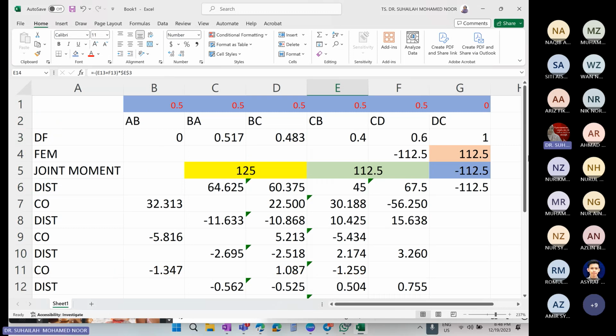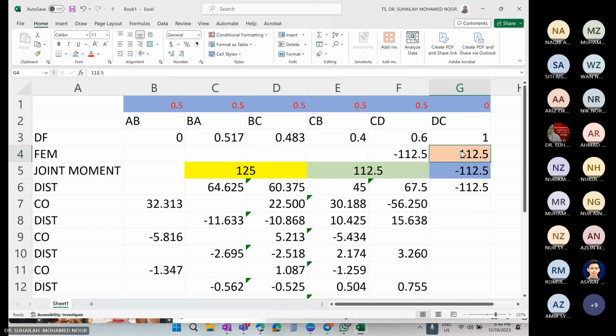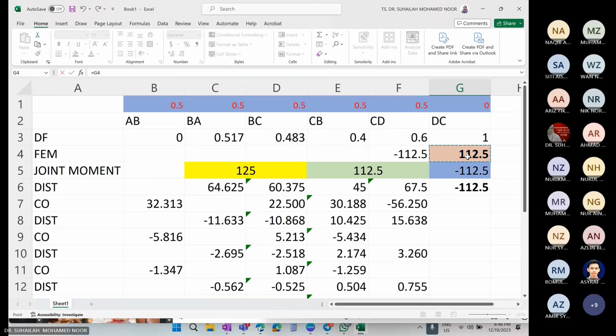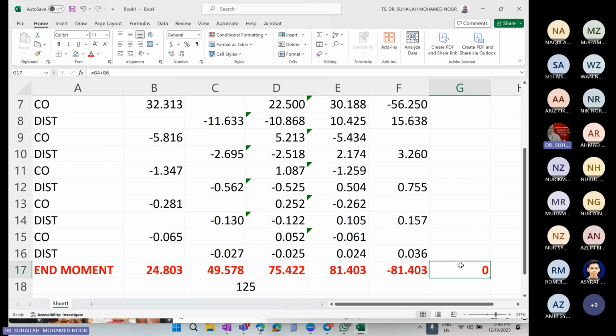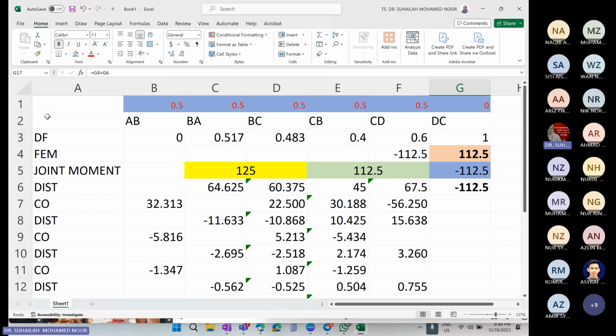Okay, and for D, just ignore this line. So in total, it is this one and this and this, and we get 0. This one and this, we get 0. Okay, so this is the table.